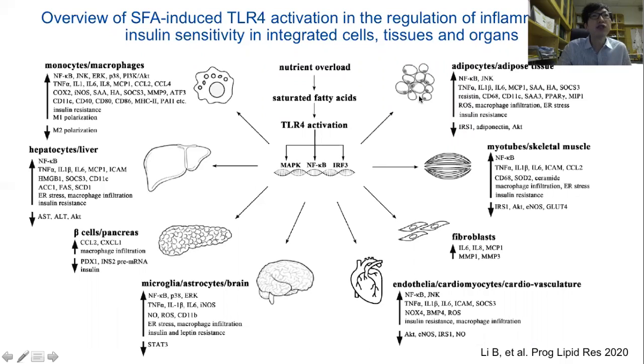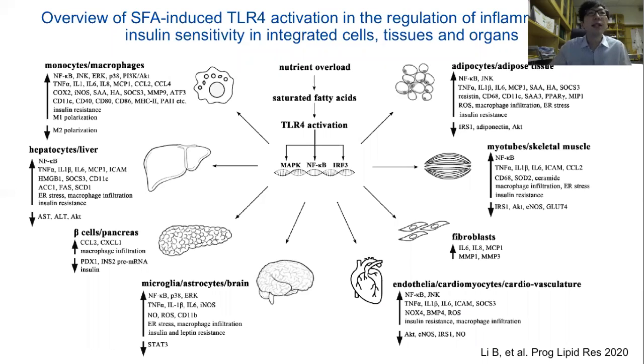In adipose tissue, for example, adipocytes will be triggered to release pro-inflammatory cytokines, whereas in the liver, hepatocytes also express toll-like receptor 4, and these molecules in the liver will be activated to express a whole host of molecules as shown here, which would result in ER stress, macrophage infiltration, and also insulin resistance.